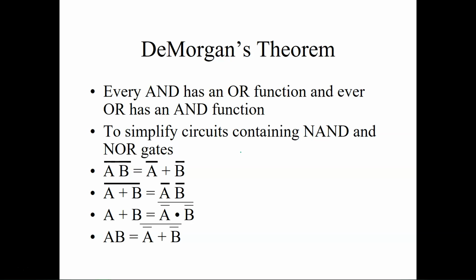So again, if you're looking at truth tables, so this is one, so signal 1, signal 2, and output, right?